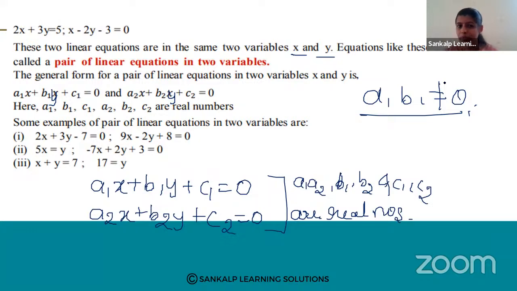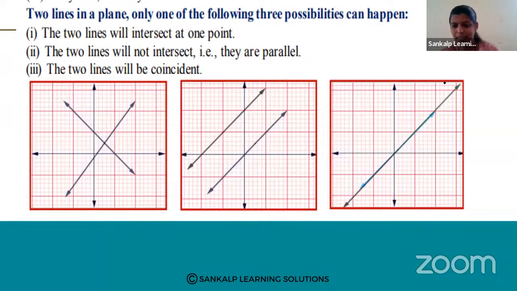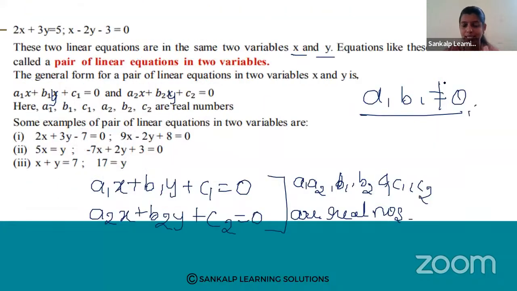Now, another important part we are going to discuss in this chapter is finding the solutions. In two ways, we are going to find the solutions for a pair of linear equations.